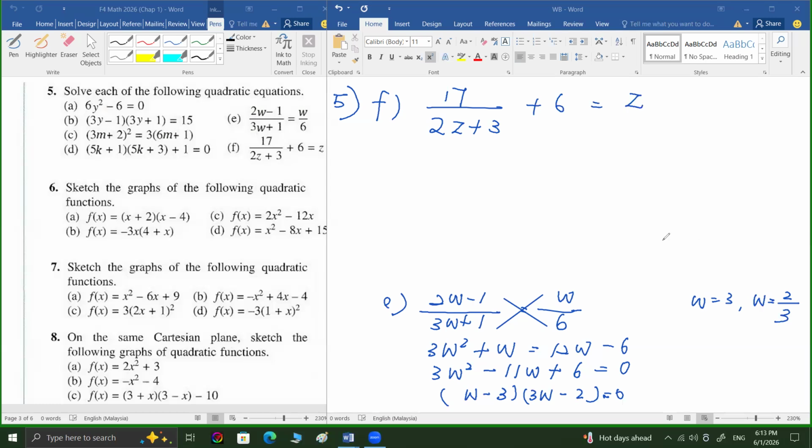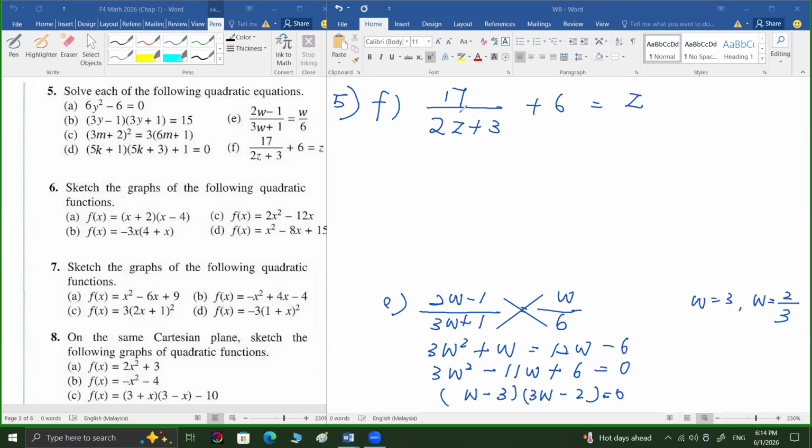Okay, you see F and E. E, both sides single fraction. You can do the cross multiple. But F is not single term. Can you see that? It's not. You can shift this one here, up to you, or you can eliminate the denominator, up to you.